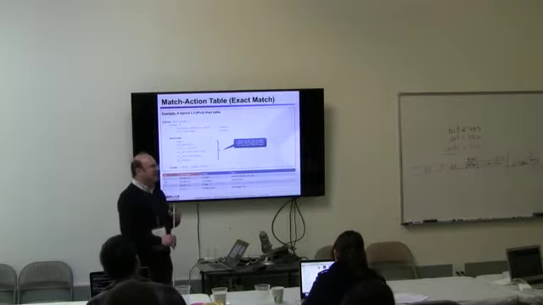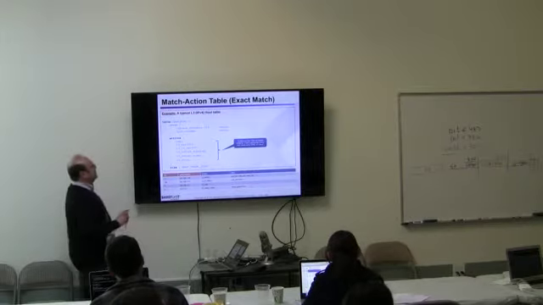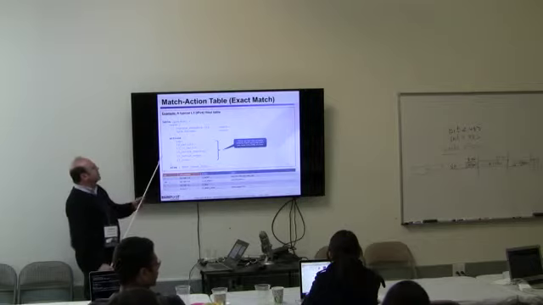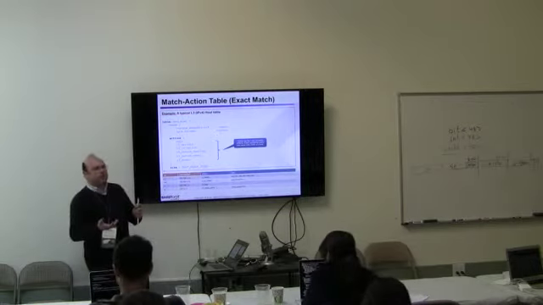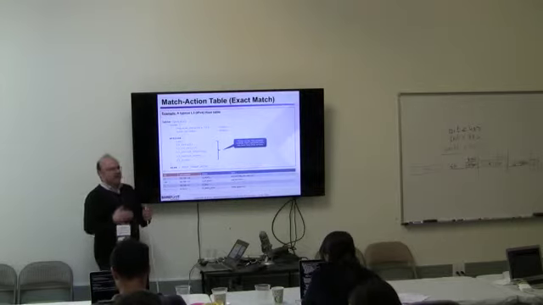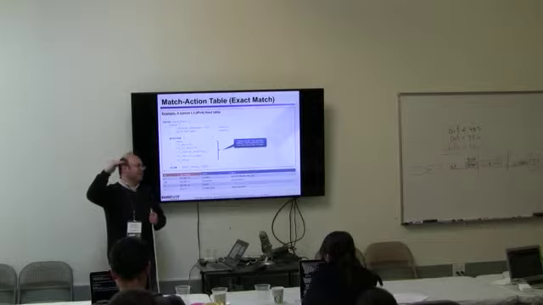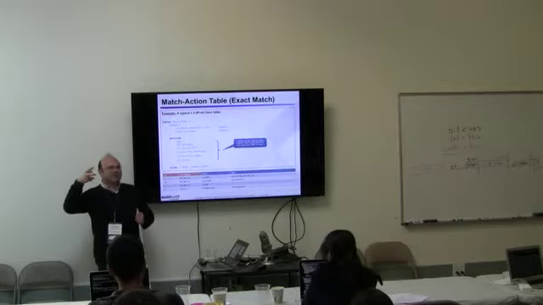Good question. So how is the matching performed? In this particular case, it says exact match, and so we do not really specify the algorithm. If it's an exact match, there should be only one entry in the table that matches. Now that's another thing I would like to see finalized in the spec.